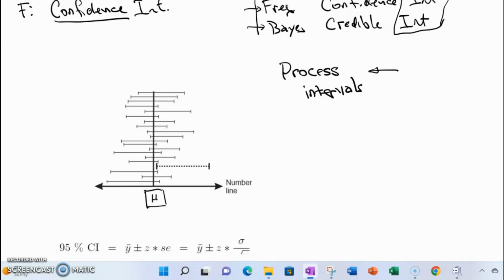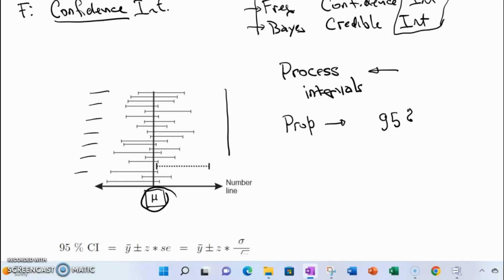And so I could generate a very large number of intervals, and I've just shown some of them here. And the whole idea is that as the number of intervals approaches infinity, the proportion, the relative frequency of intervals that actually straddle the true mean approaches 95%.